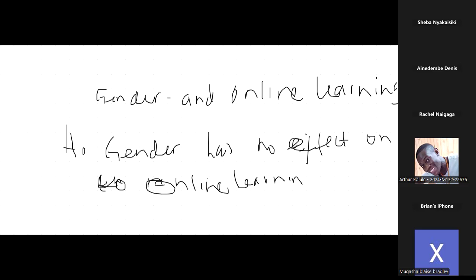So with this, the researcher would then go ahead to find out, does gender actually have an effect? And using the same data, may want to prove or disprove that there's actually no preference levels, whether you're male or female, you don't really have an actual preference on this. So this would be the alternative.